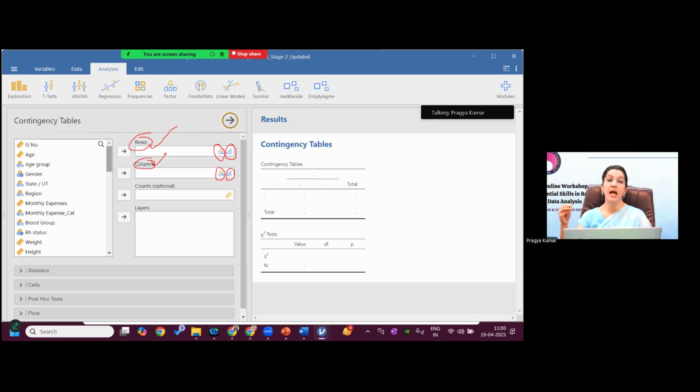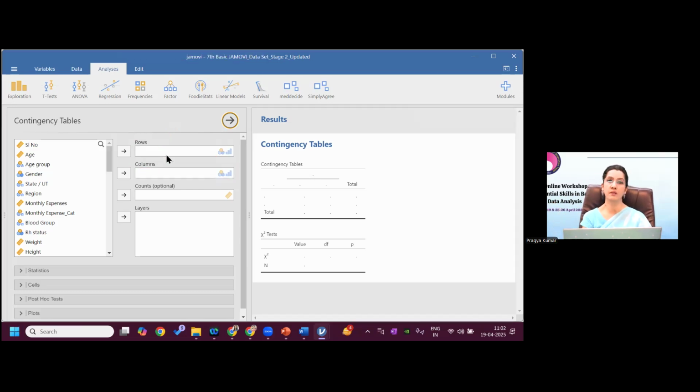That means I want to see the anxiety in gender. So which will be my independent variable? Gender is my independent variable and anxiety is my dependent variable. Remember, DC means dependent variable will go to the column and independent variable will go to the row.